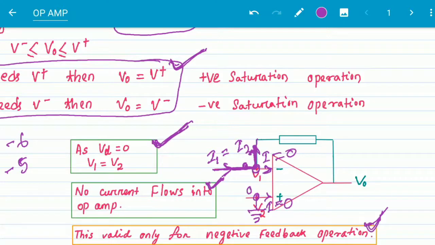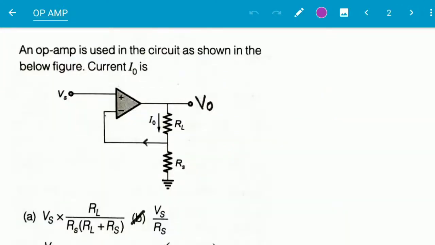So let's have the first question. An op amp is used in the circuit shown in the figure. What is the current I0? They are asking for current I0. Here Vs is given.